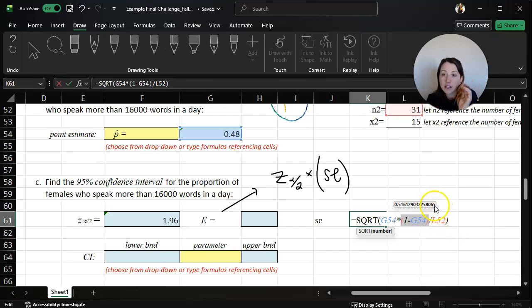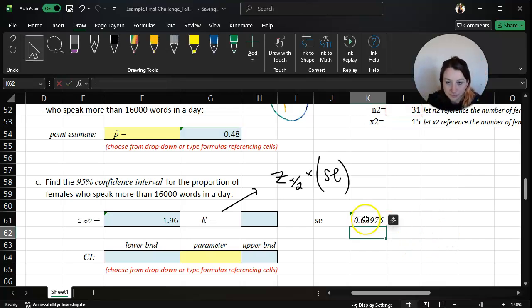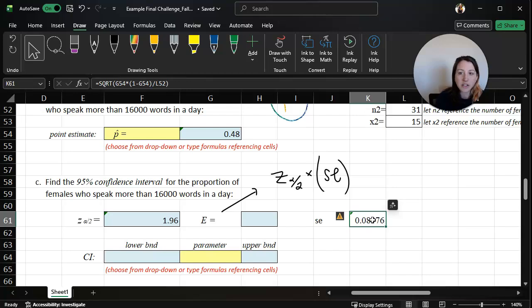And notice too, it's telling you exactly what that value is. That's cool. I didn't know it did that. Okay, divided by n. And we need to make sure that all of this is inside the square root. So notice the parentheses for the square root is totally around all of those things. Okay, so that is our standard error.